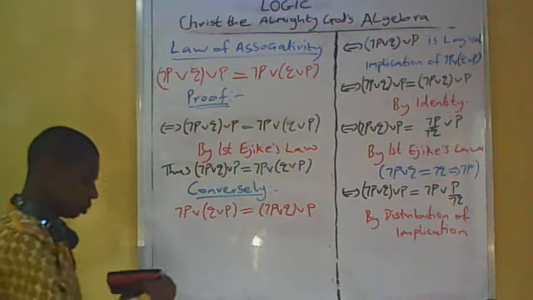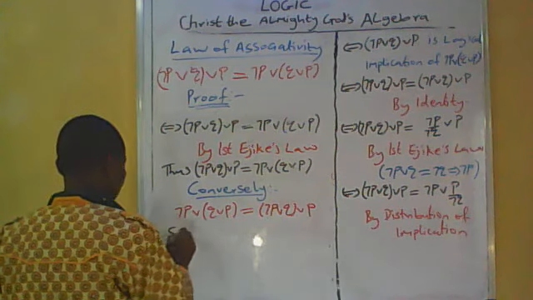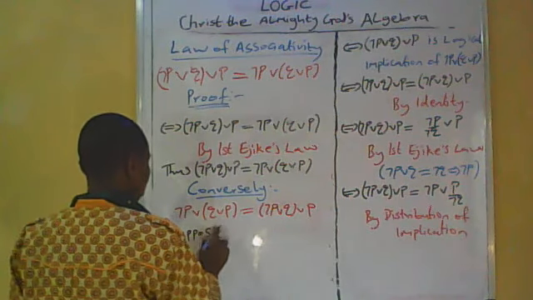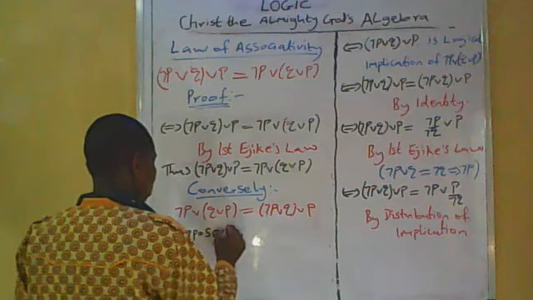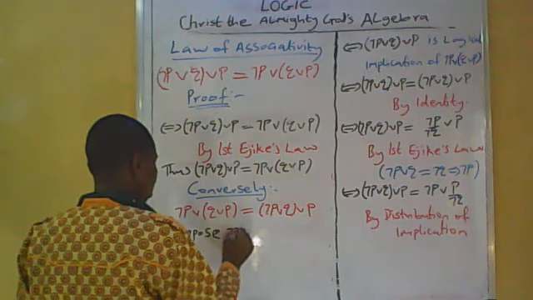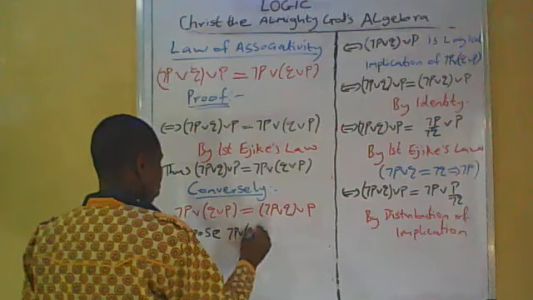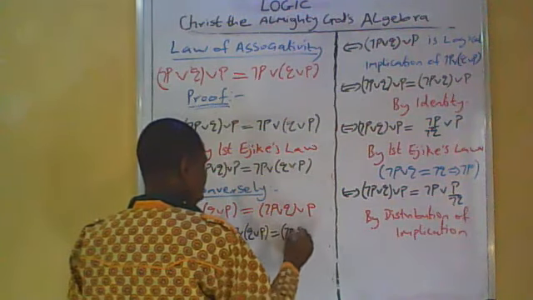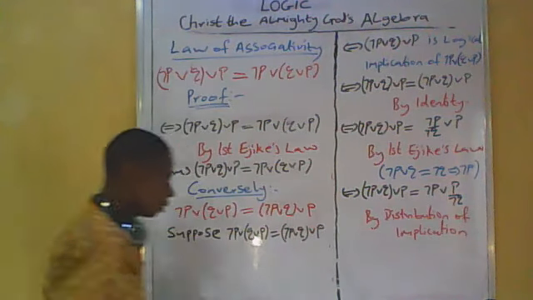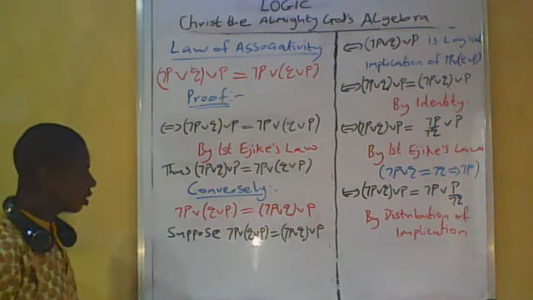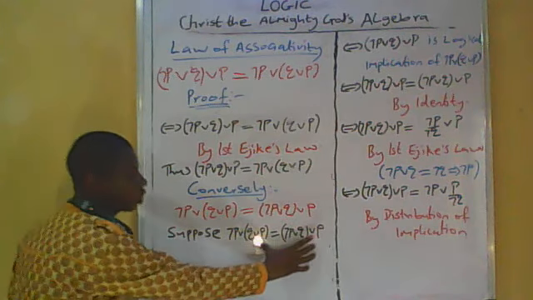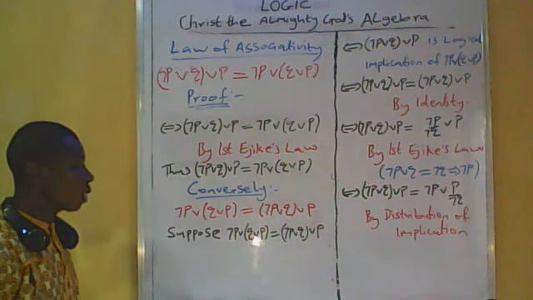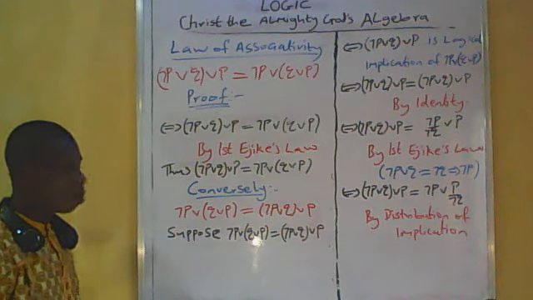Say suppose not P or (Q or P) is equal to (not P or Q) or P. That means we assume that this statement is true.